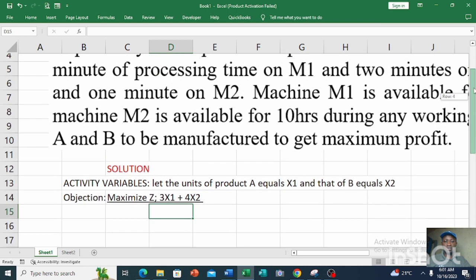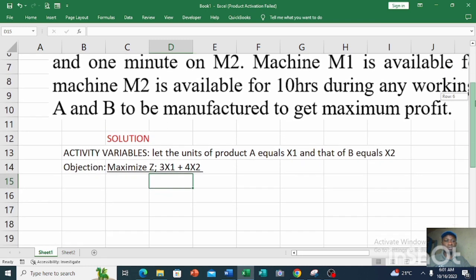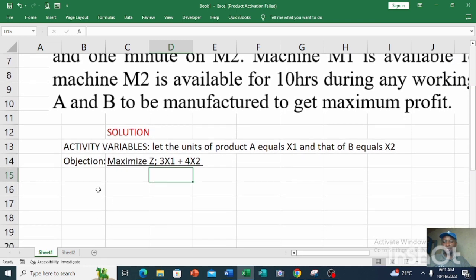Before I state the constraints, I would like to present all this information in a table. So I can put A here, B, and the required minutes.